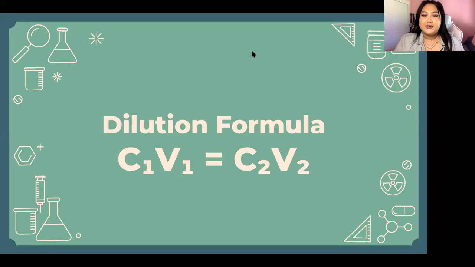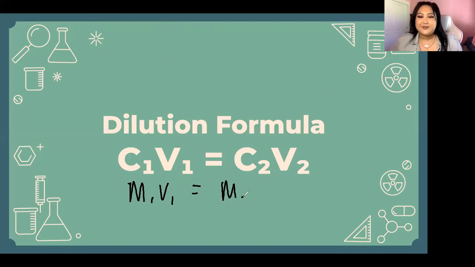Okay, cool. Moving on, just because we're getting close to the end, I think this is our last one. So, dilution formula. C1 V1 equals C2 V2. What does that concentration mean? What is the unit that we're using for concentration? Yeah, molarity. So it could also be rewritten as M1 V1 equals M2 V2.